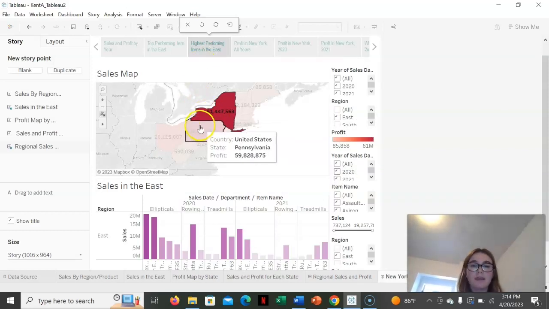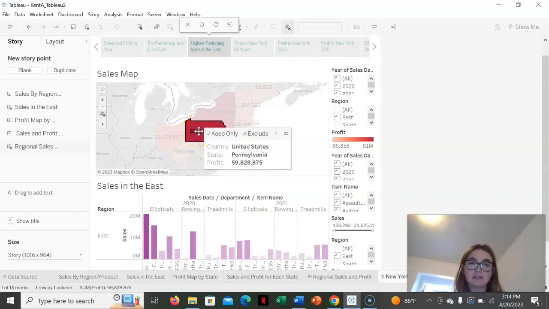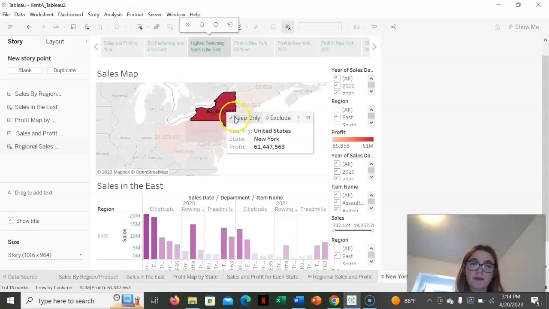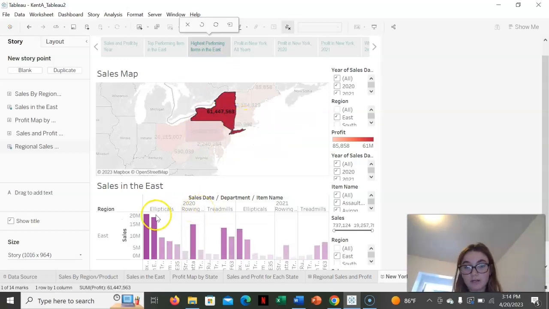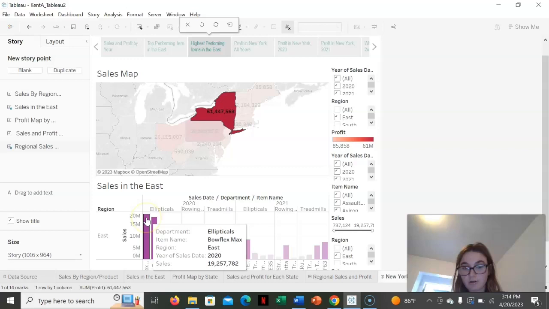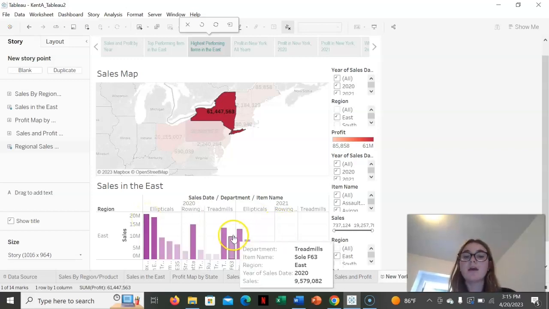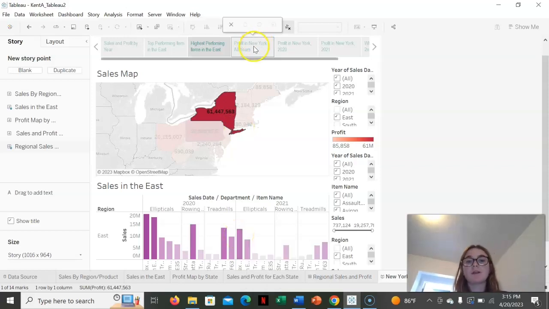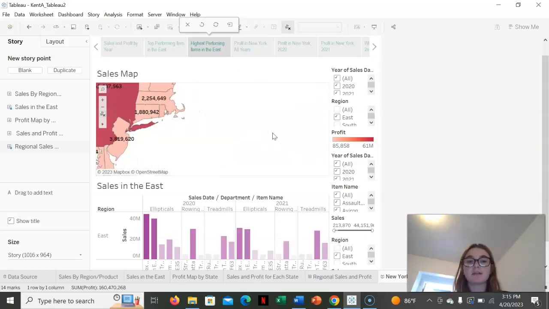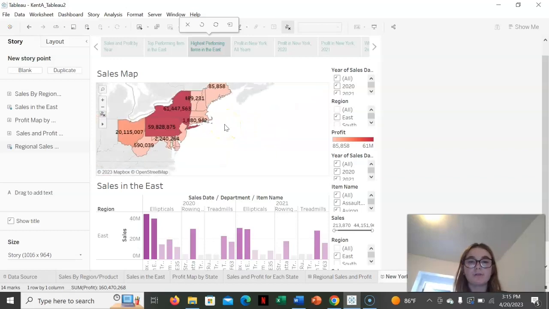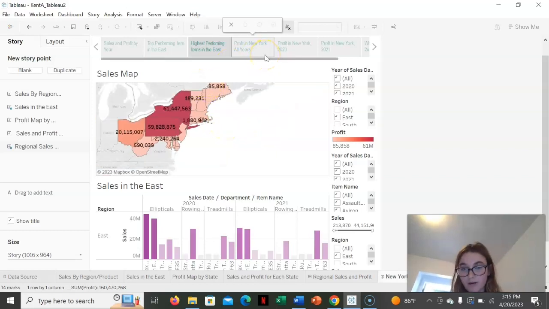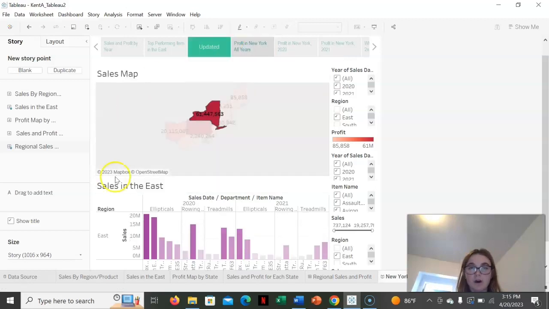And so here I would click on like the different states. But New York had the highest overall between the 2 years. And if you look down here to look at what product it was, the Bowflex Max for the year 2020 and 21 once again. So then I wanted to look specifically into the highest profit in New York, like all together.